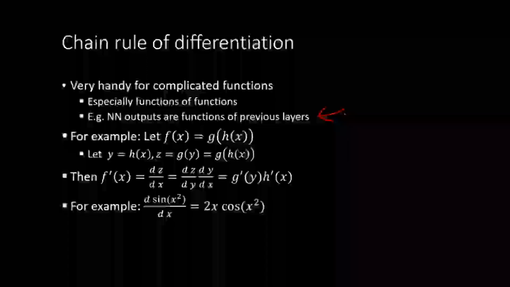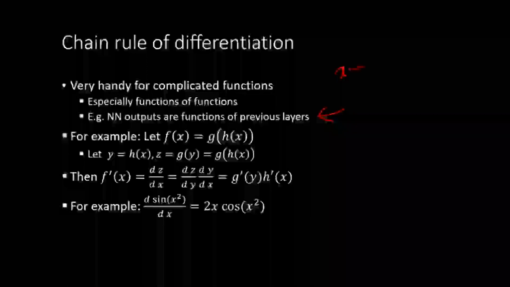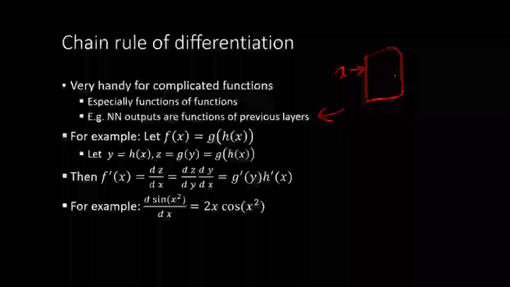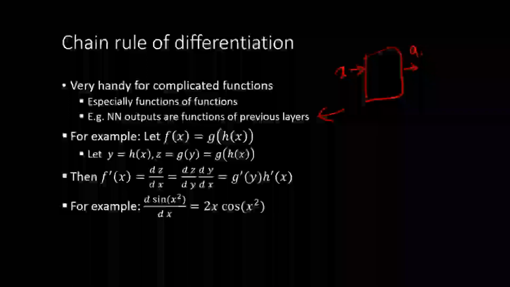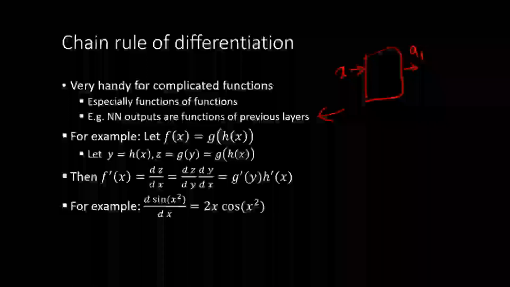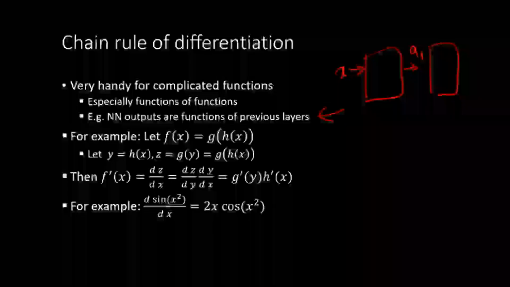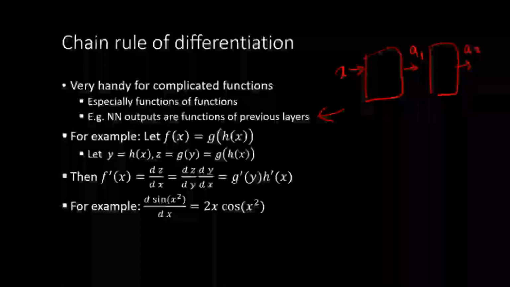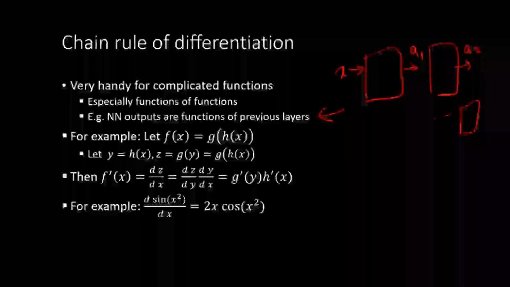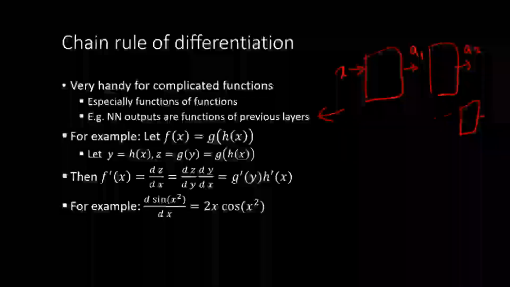You can think of x as being an input into some layer, and what comes out of that is, let's say, a1, the output of the first layer, and that becomes input to the second layer, and what comes out is a2, activation 2, etc. And all the way, what comes out at the end is, let's say, an.